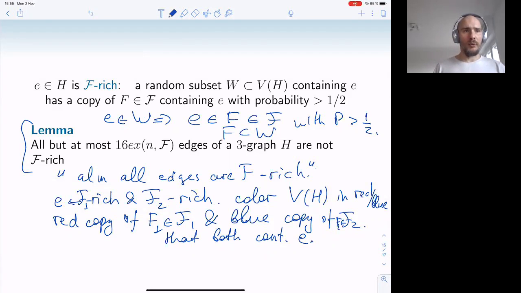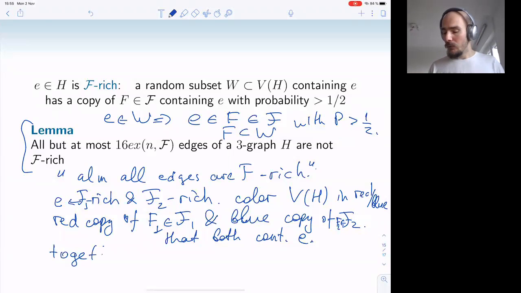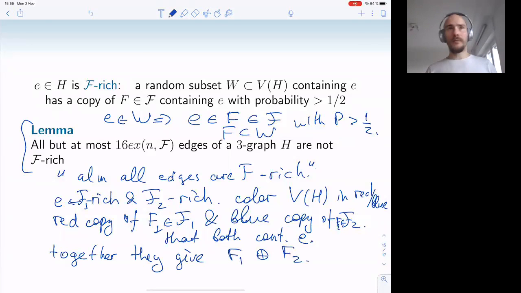The same is true for the blue subset, again with probability bigger than 1/2, and thus with probability bigger than 0, the intersection of these two events holds. This is exactly what you want. You get two vertex-disjoint copies, one hypergraph from the first family and one from the second family, and together they give F1 plus F2. So this is how this works.